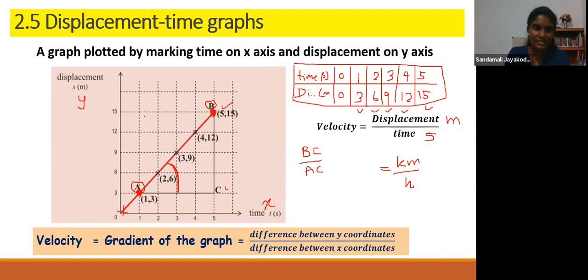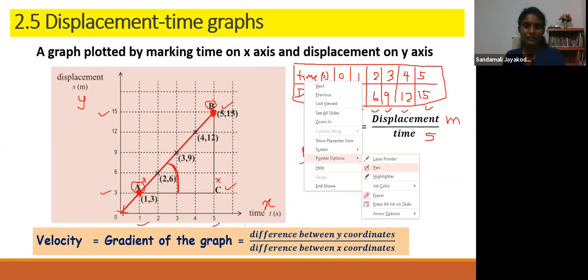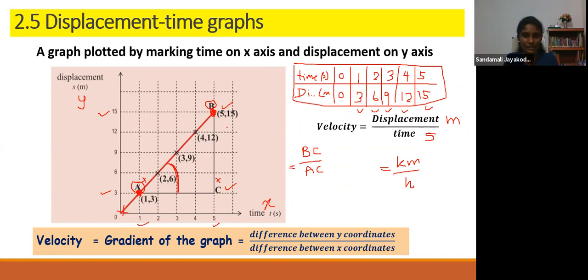BC is the difference between the coordinates in the y-axis, and AC means the difference of the coordinates in the x-axis. Okay. Here, to find this angle, we have to divide BC by AC.